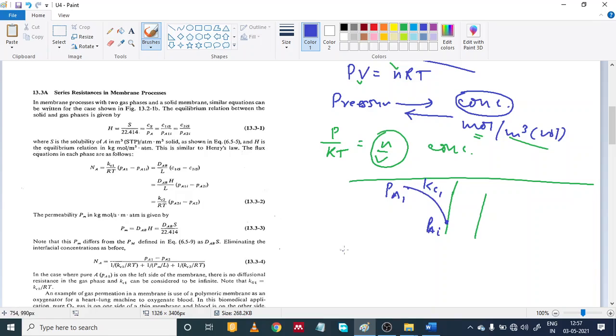Earlier, if you remember, this flux can be calculated as KC1 times the concentration difference, C1 minus C2.